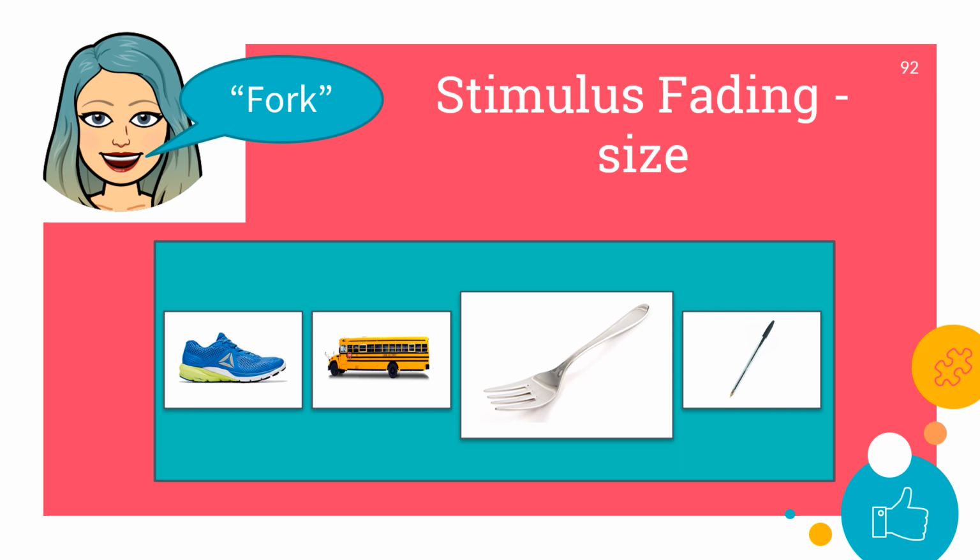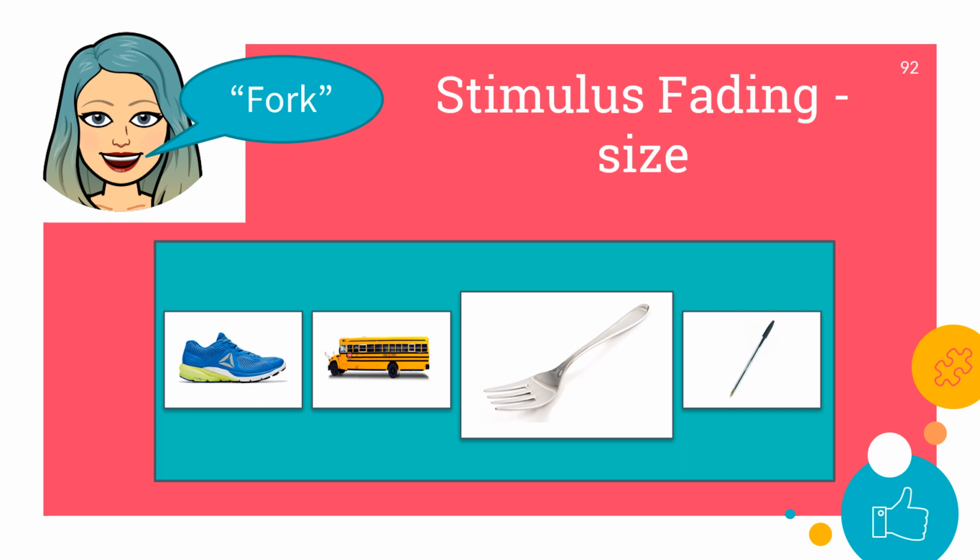This is an example of stimulus fading along the size dimension. In this example, which is a receptive identification task, the discriminative stimulus is the auditory stimulus, fork, and the stimulus in the array that corresponds to that discriminative stimulus is larger than the other stimuli.